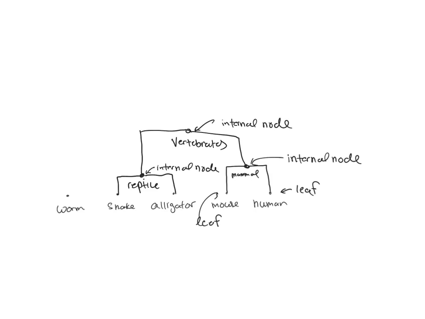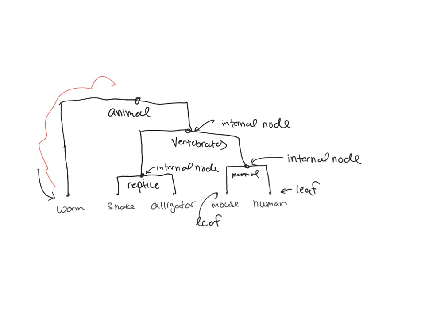And then we have this worm sitting out here by itself. This can be connected to vertebrates, and these are all animals, so that's an ancestral animal. What we call this whole wormy branch here is an outgroup.